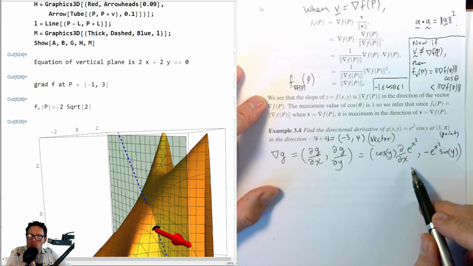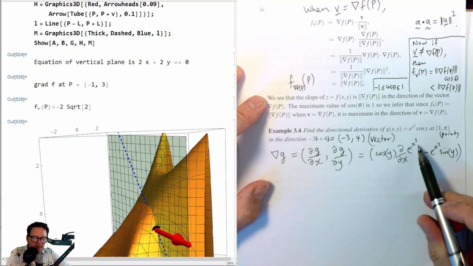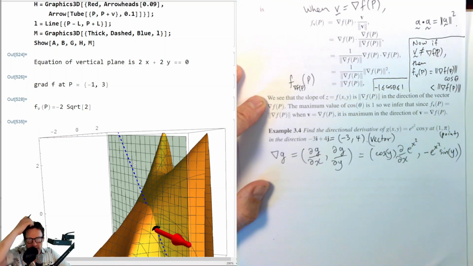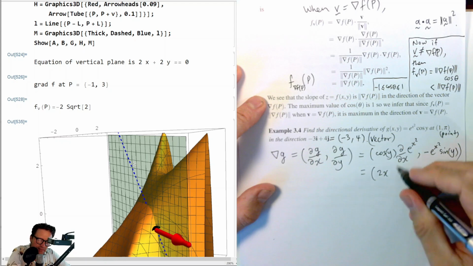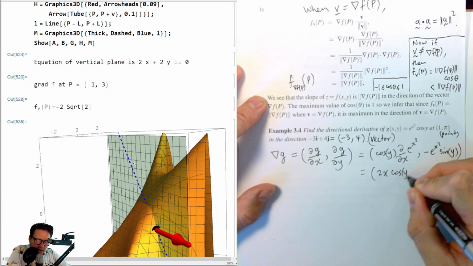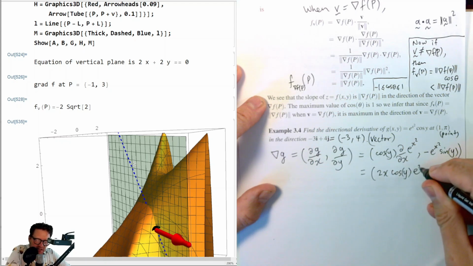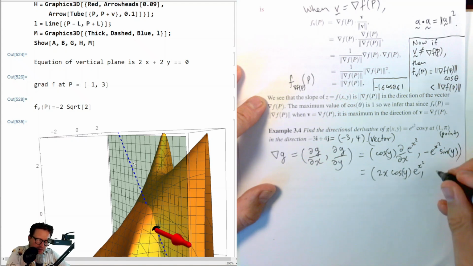But we've got to do a little bit more here. What is the derivative of e to the x squared? We need the chain rule, so we also differentiate x squared with respect to x and multiply. So we have 2x cos y times e to the x squared, and the derivative with respect to y we'll just copy down again.